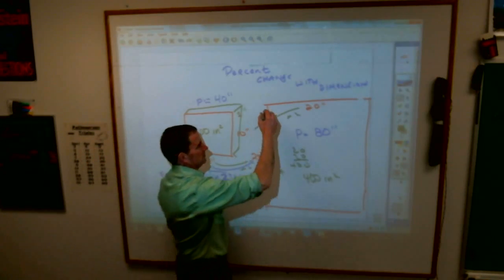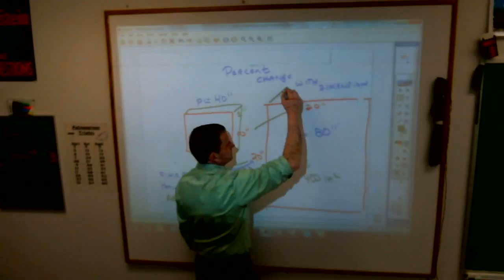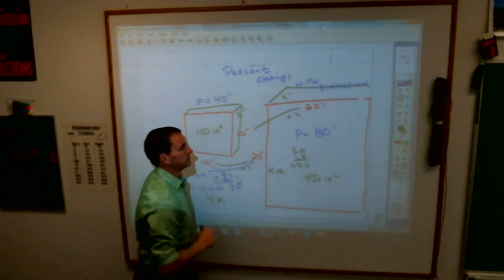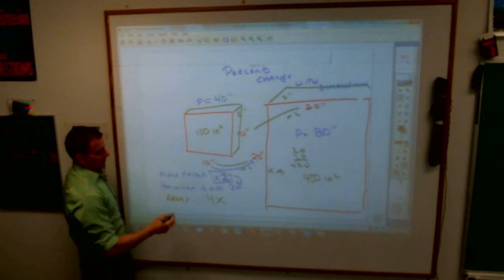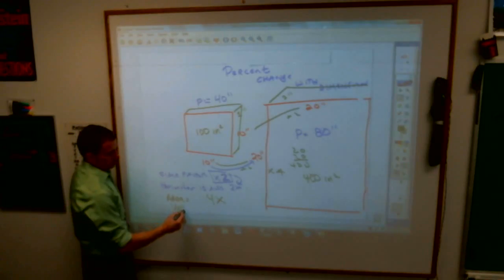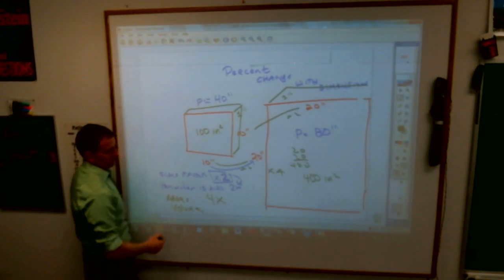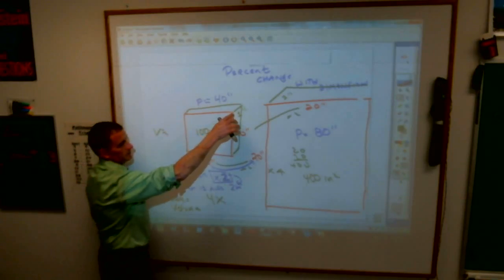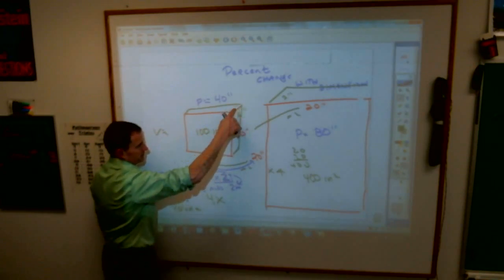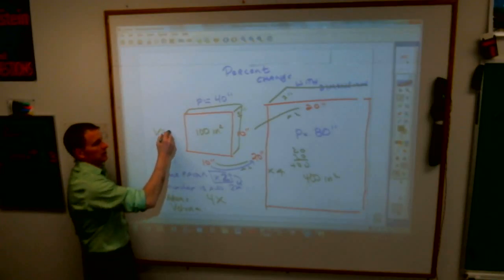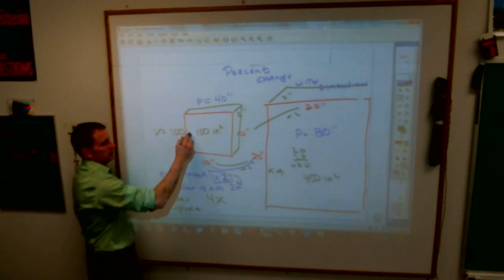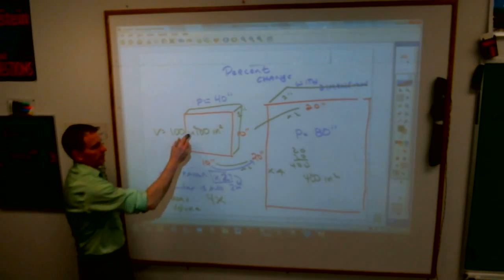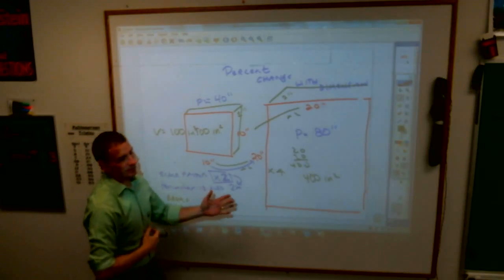Well, my new pizza is 2 inches thick. So if we're talking about volume of my new pizza here, what's the volume of this small pizza? You do this times this times this, so it's 100 times 1, which is 100 inches cubed.